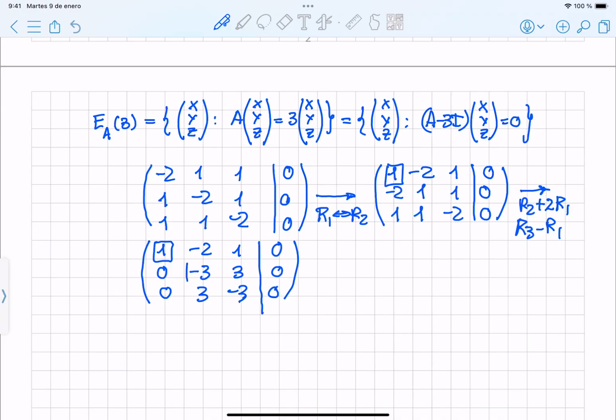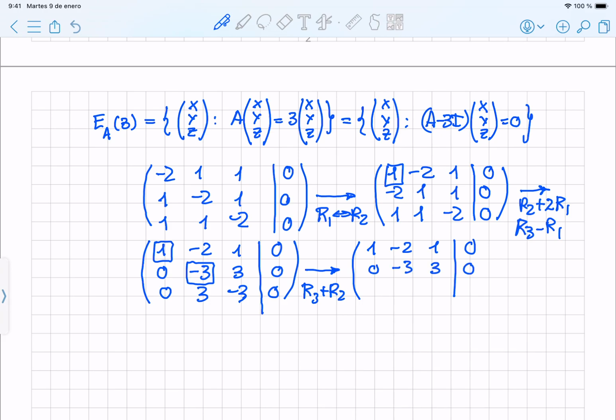And now we pick the second pivot, which should be this one. You can normalize by dividing by -3, but in this case it is very easy to do a 0 below. So row 3 plus row 2 should be enough. So 1, -2, 1, 0, 0, -3, 3, 0, and 0, 0, 0, 0.